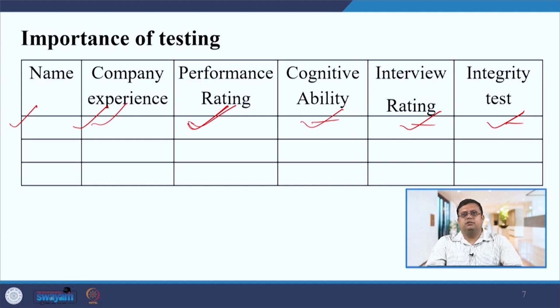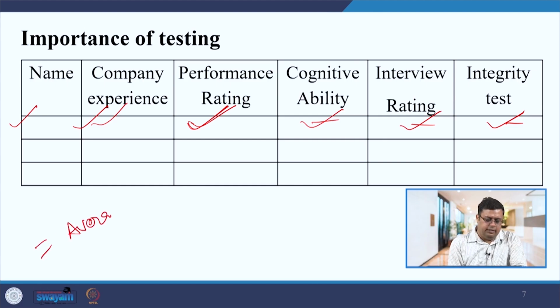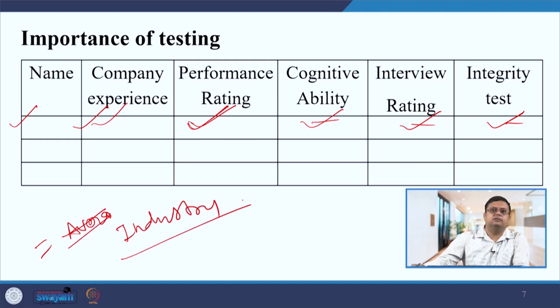Now, the question comes, how should we decide for how many years a candidate should work with your organization? In that case, I suggest only one thing: you should go with the industry average. What is the industry average for how many years one employee wants to work with you? Because in the current trend, most employees don't want to work more than 3 years with one organization.